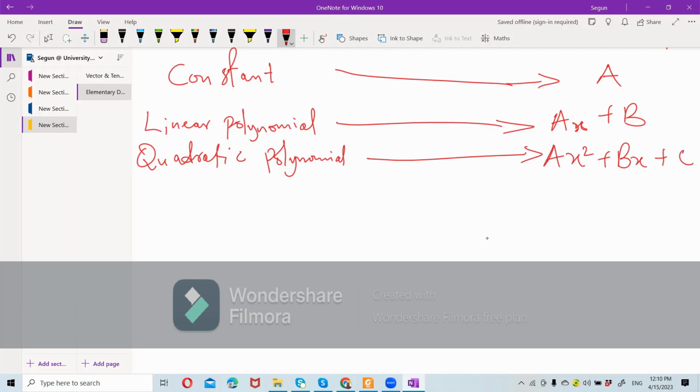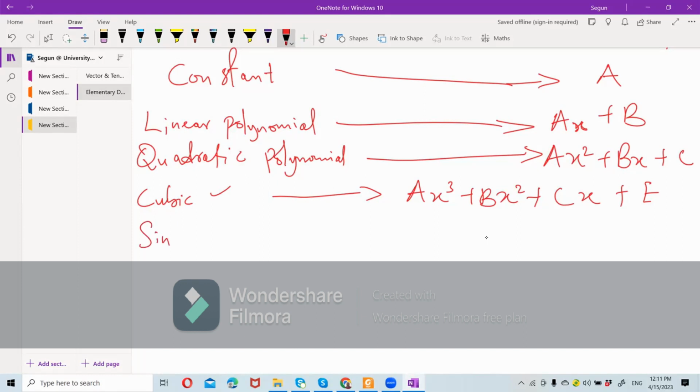Then, when you have a cubic polynomial, you have it to be ax cubed plus bx squared plus cx plus e. Please take notes. Then, if my function is a trig function, sine ax or cos ax, what does it mean?